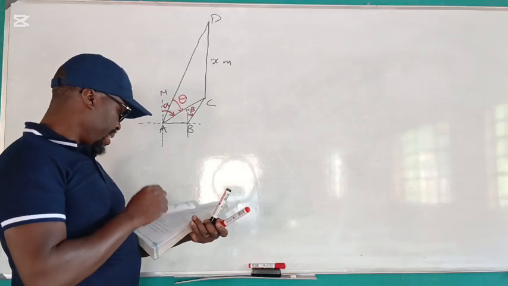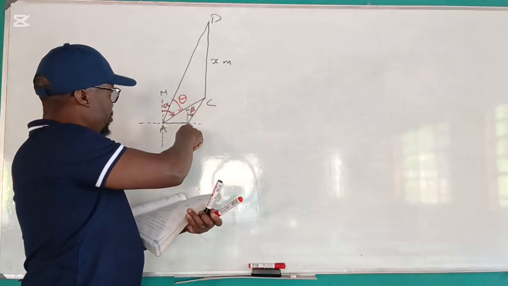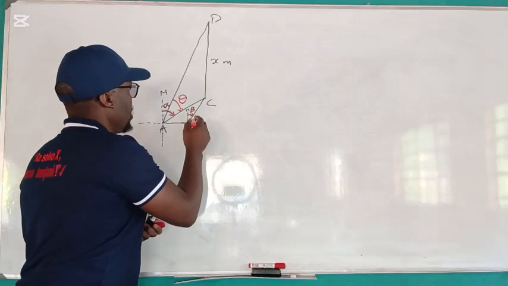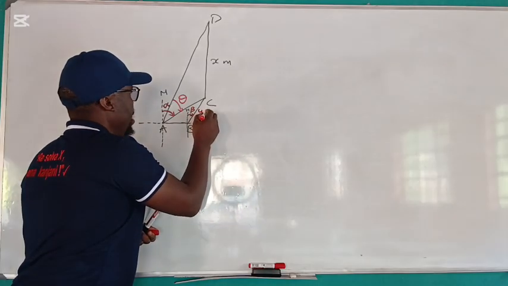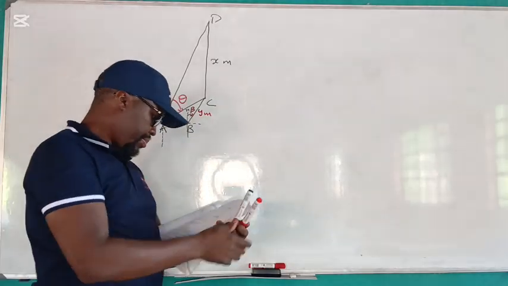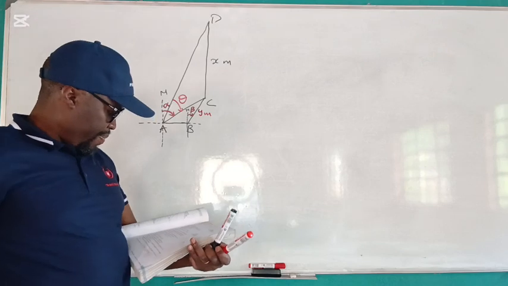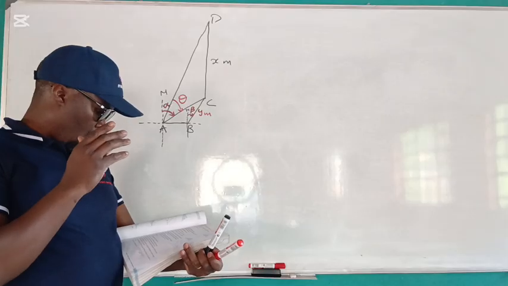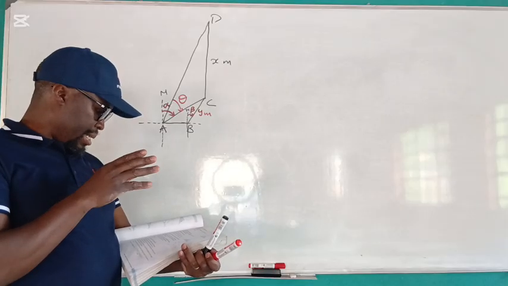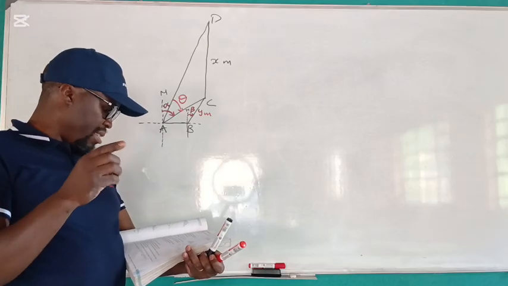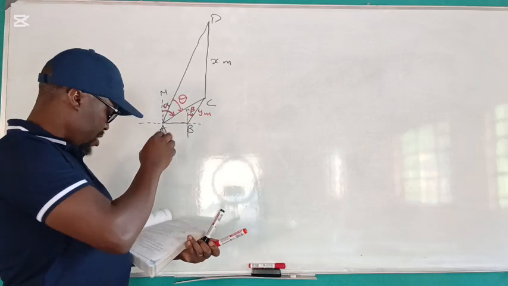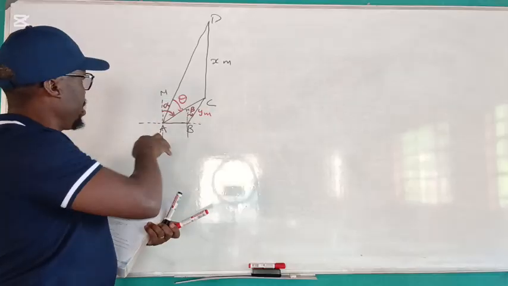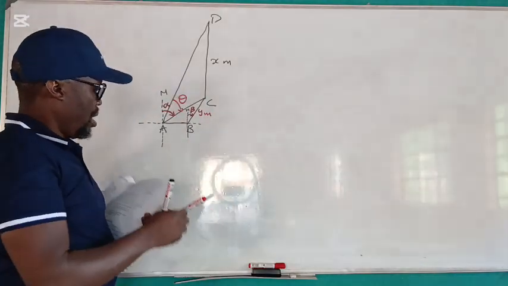Okay, we're also told that the distance from B to C is y meters. Now we've followed the first instruction because we have managed to draw a ground plan of the fenced area ABC.